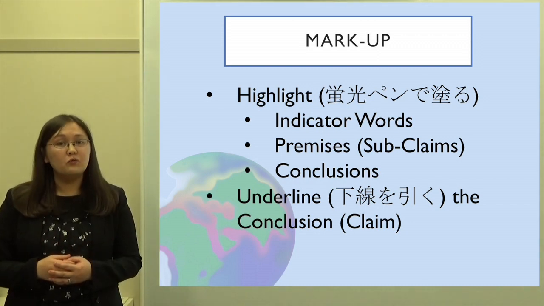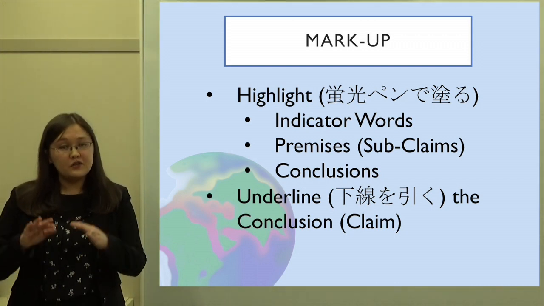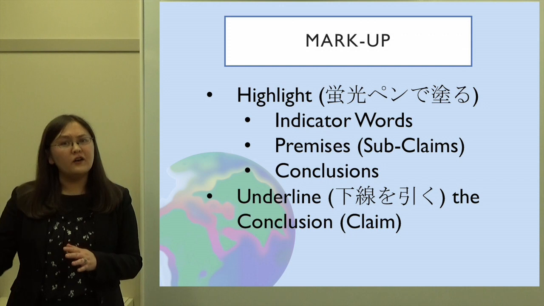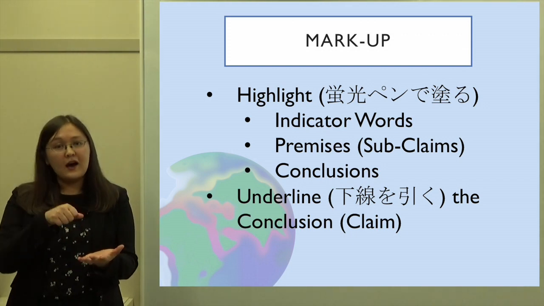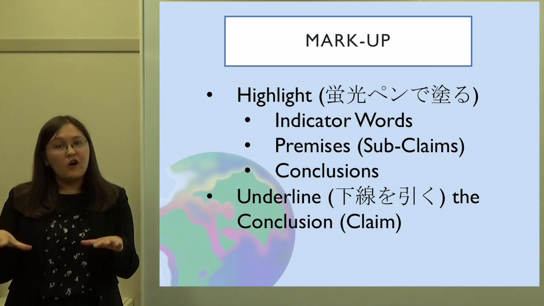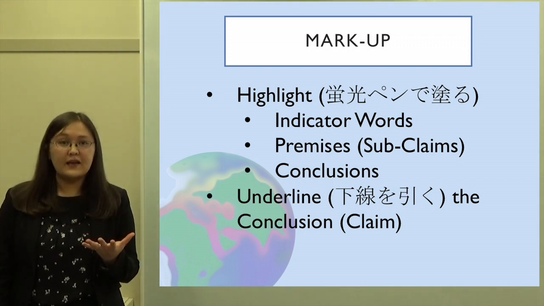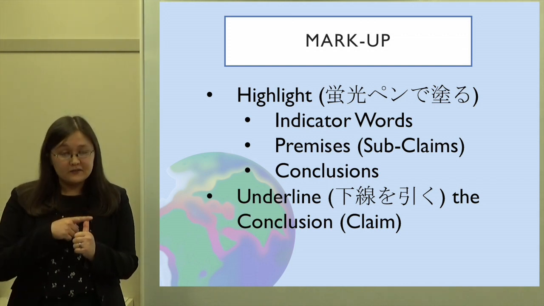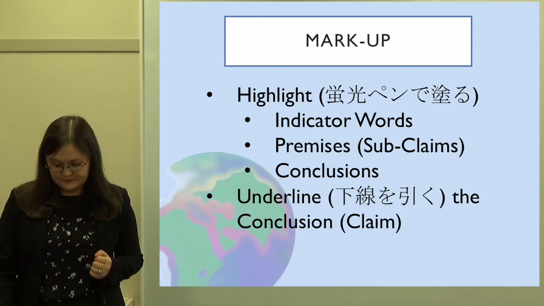Anything that's written in Western academic writing style, you can use it. I recommend photocopying it so you don't write on the actual book, but you want to be able to highlight and underline on your photocopy so that you can get practice in identifying the indicator words, premises, and conclusions.